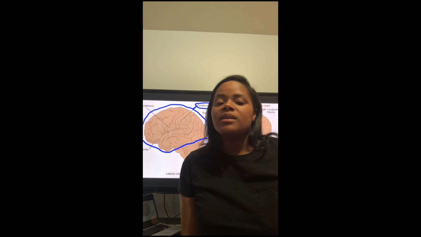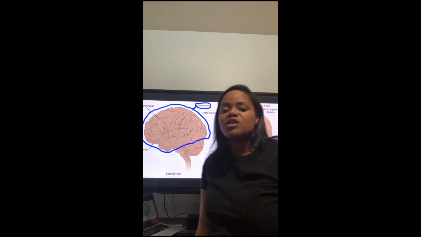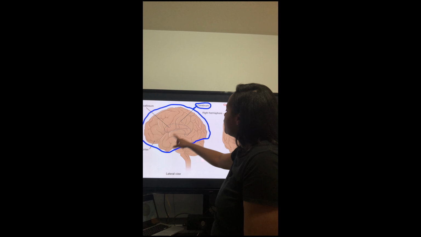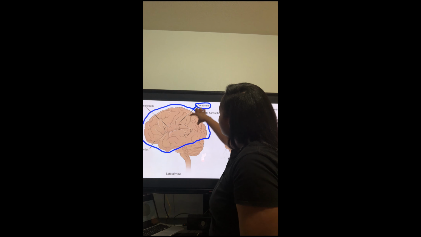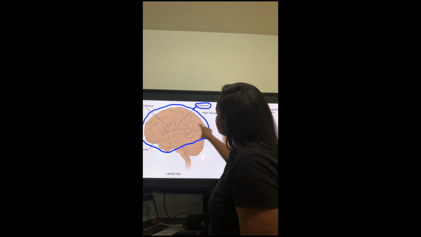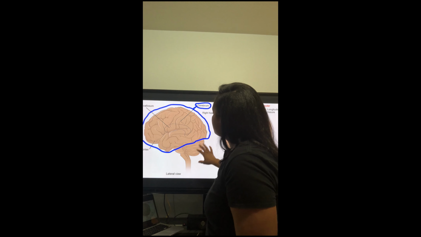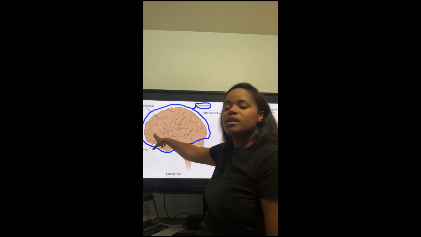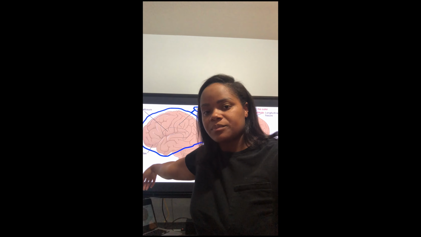The cortex can be separated into 4 major lobes, which are your temporal lobe, your parietal lobe, which should be right about here, your occipital lobe in the back above the cerebellum, and in the front is your frontal lobe.